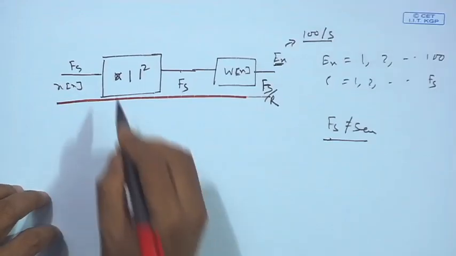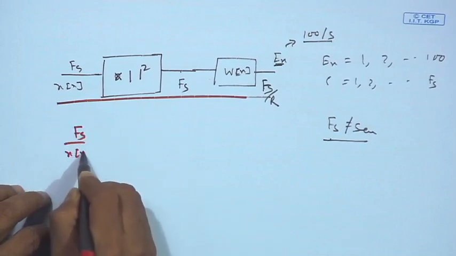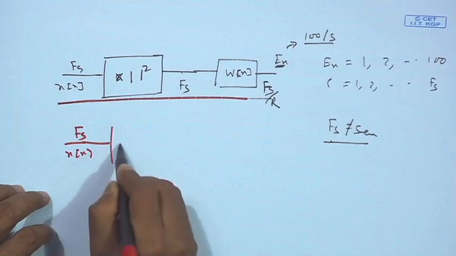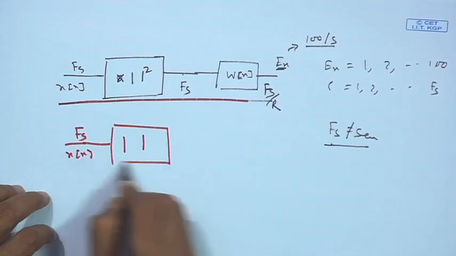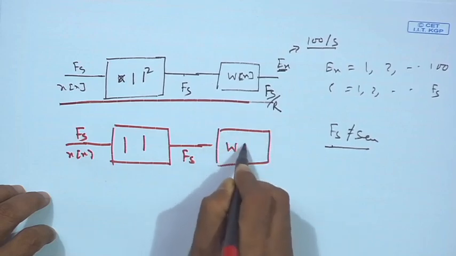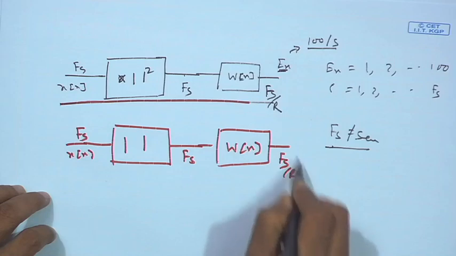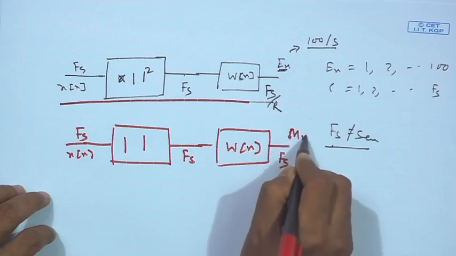Now, instead of energy, I can replace this same box by only magnitude. Again it is f s, and if I put a window W n, I get f s by r, that is M n.